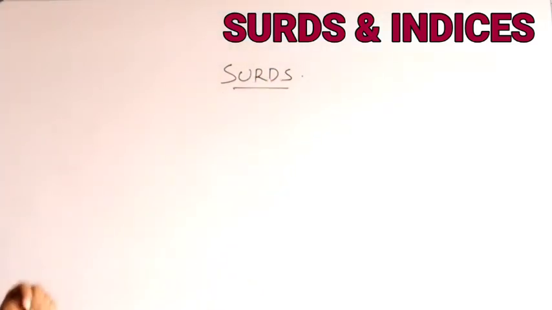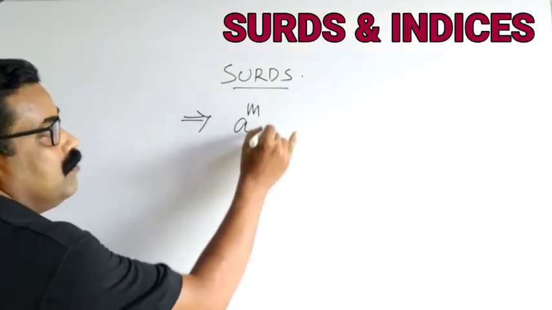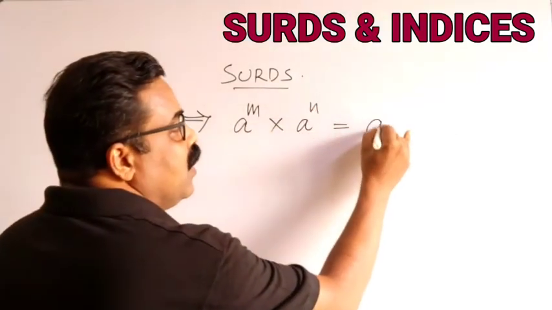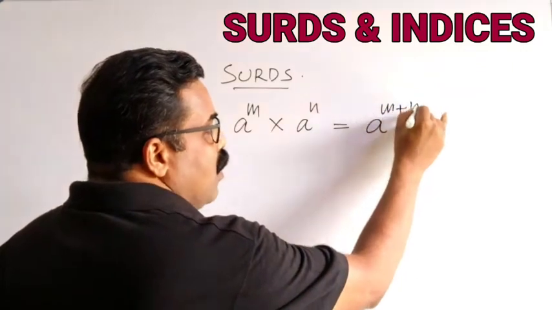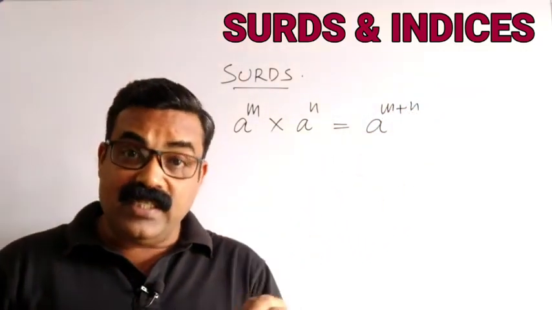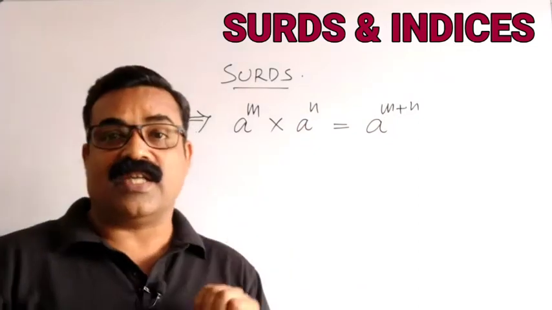As far as surds are concerned, we have very important formulae, and the first formula is a power m into a power n is equal to a power m plus n. You should be thorough with all these formulae, then it is very easy to solve problems based on surds and indices.